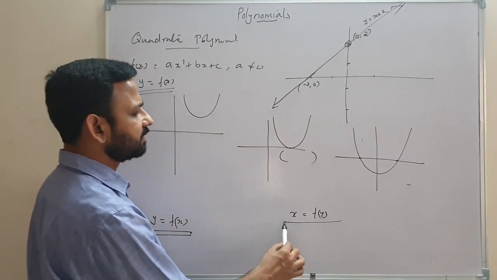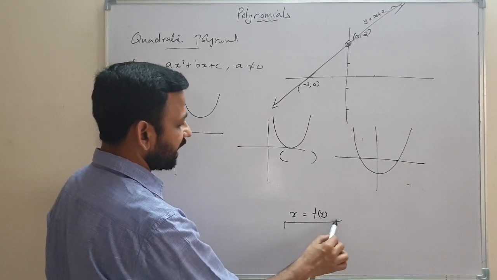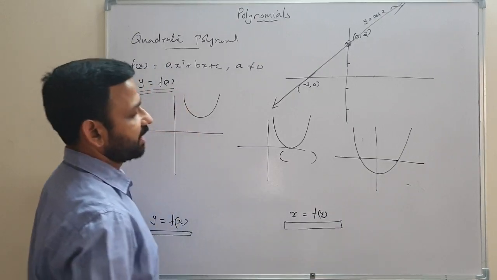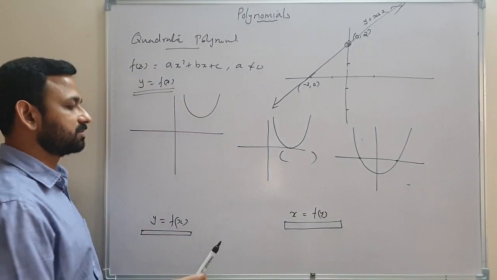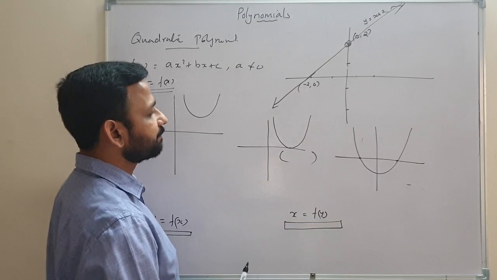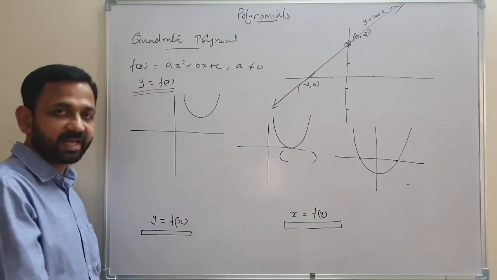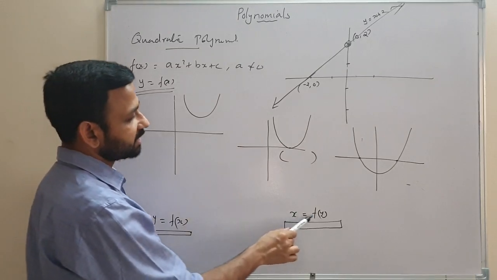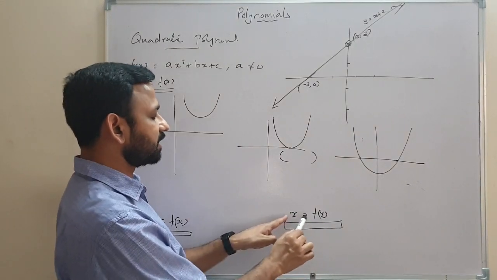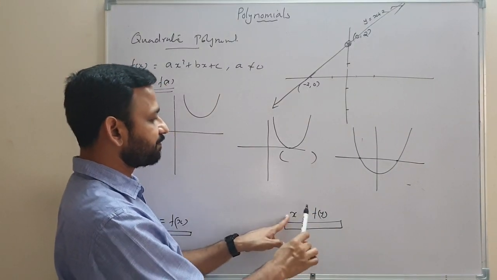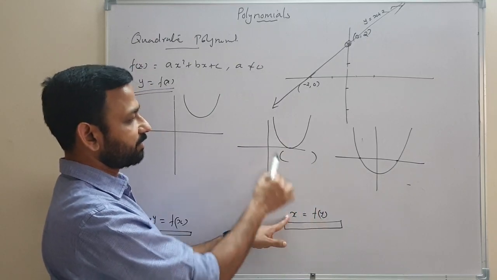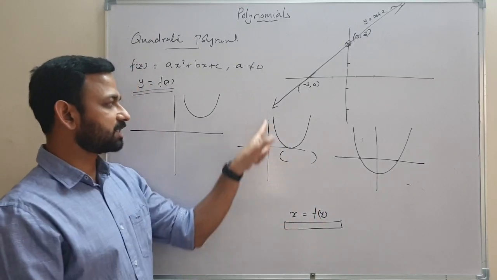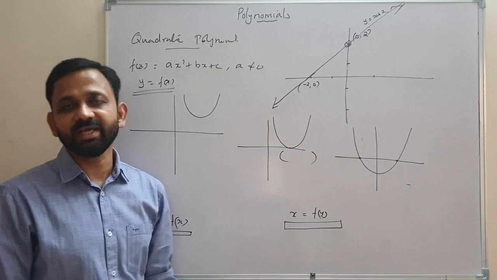And similarly, for the polynomial x is equal to f of y, if we want to find the number of zeros, we need to find how many times it intersects the y-axis, and the zero of the polynomial will be the y-coordinate of the point of intersection of the graph and the y-axis.